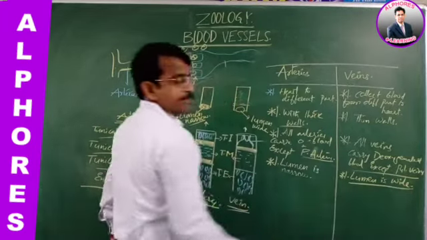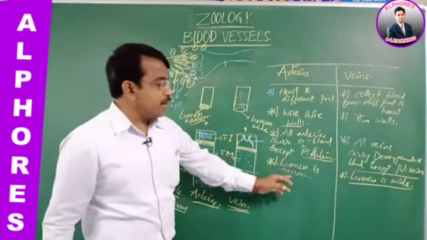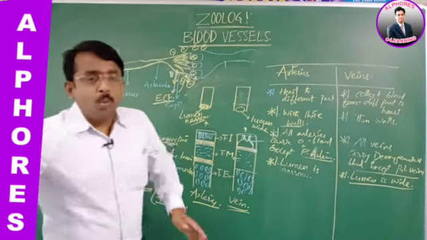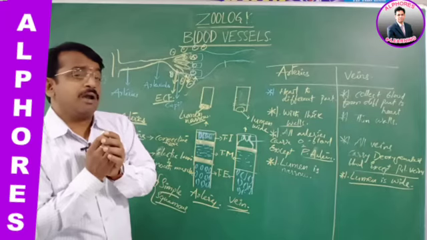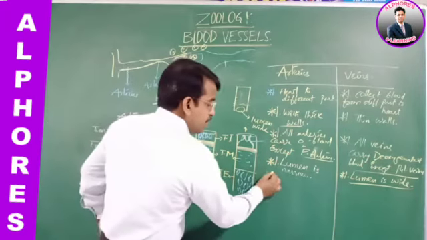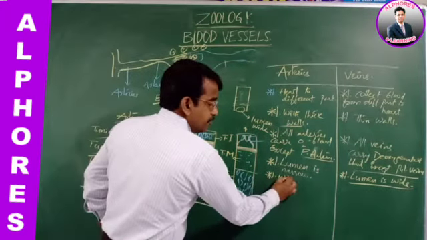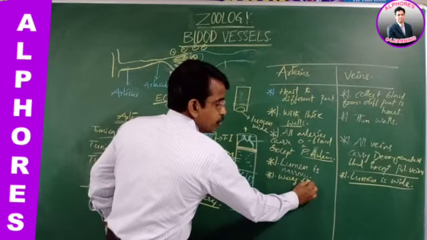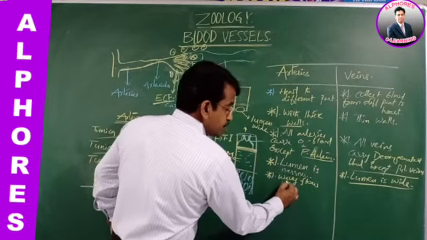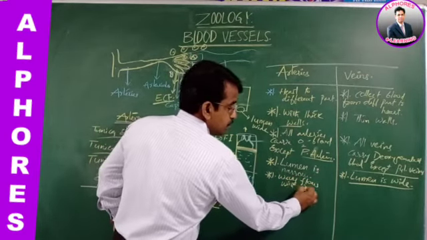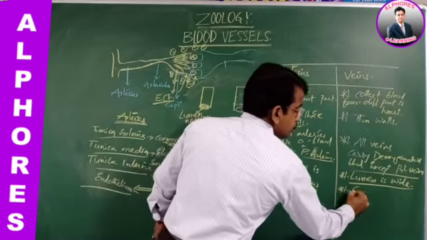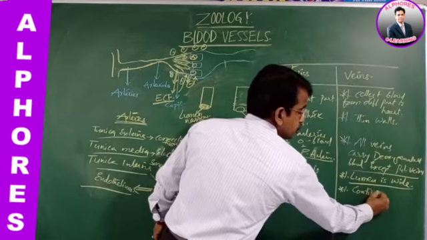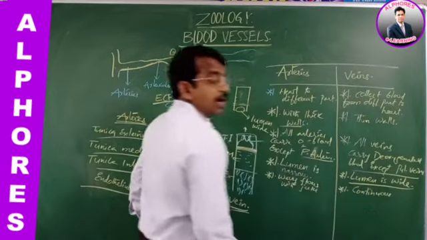We say lumen is narrow, lumen is wide. When the lumen is narrow, what is the flow of the blood? Wavy flow of the blood, wavy flow with jerks, whereas here it is continuous blood flow.